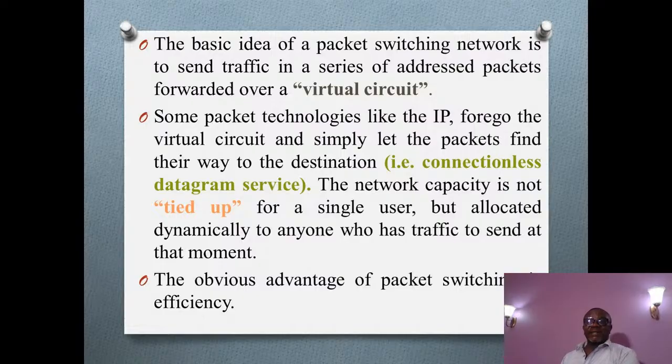So some packet technologies like the IP forgo the virtual circuit and simply let the packets find their way to the destination. That is what we call the connectionless datagram service. We will explain this datagram service later. But now, when the packets with data and address information are being sent, they are left to find their way to their destination because there is no virtual circuit.